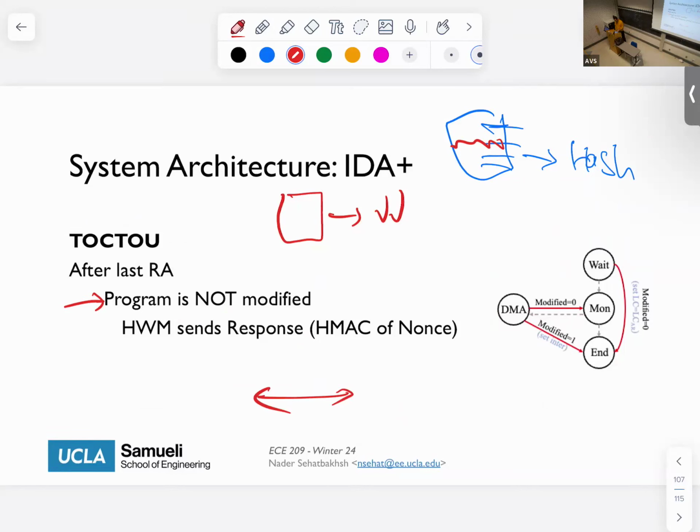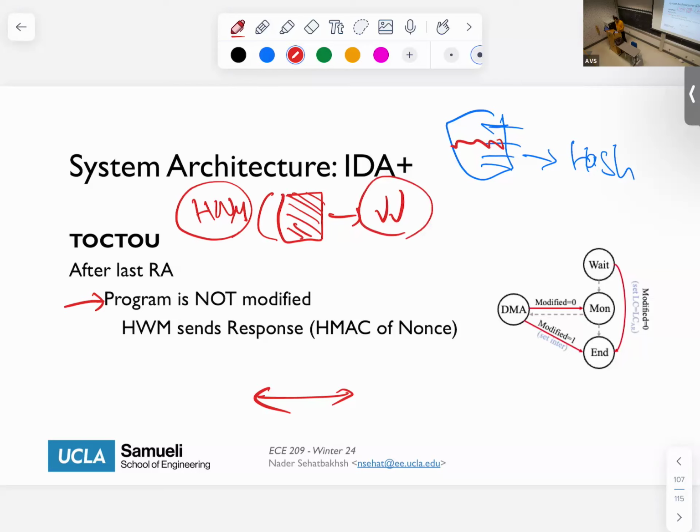During this time, I'm mainly talking about the program memory, the part that we really care about, we ask whether this content of the memory has been modified or not. If it didn't get modified, then you can trust the system because nothing changed in the system since you checked it last time. And this is done by the hardware module, essentially. So since I trust this process and trusted it last time, I can trust it now.